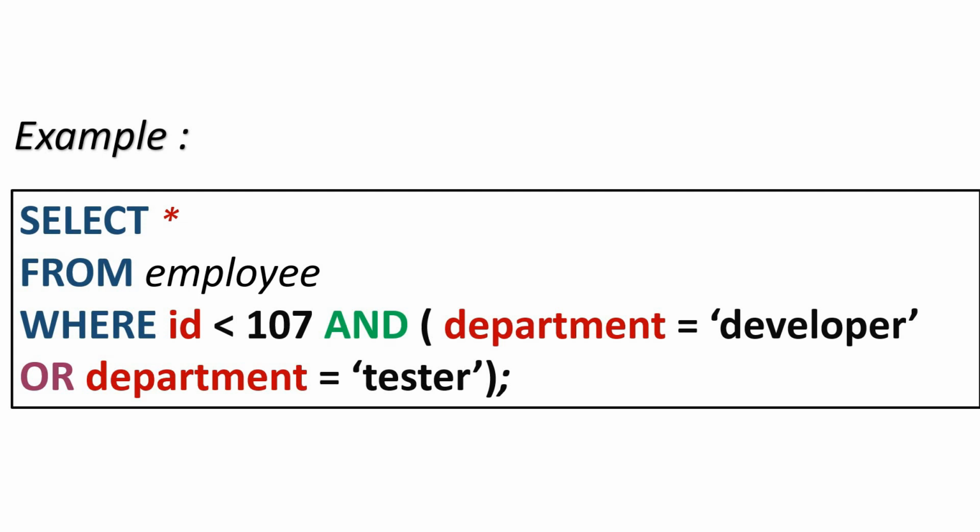In this query we have used the parentheses so that we can specify the order of operation. First it will evaluate the condition inside the parentheses and then it will evaluate the two conditions separated by the AND operator. And if you don't use the parentheses, then you may get the wrong results.